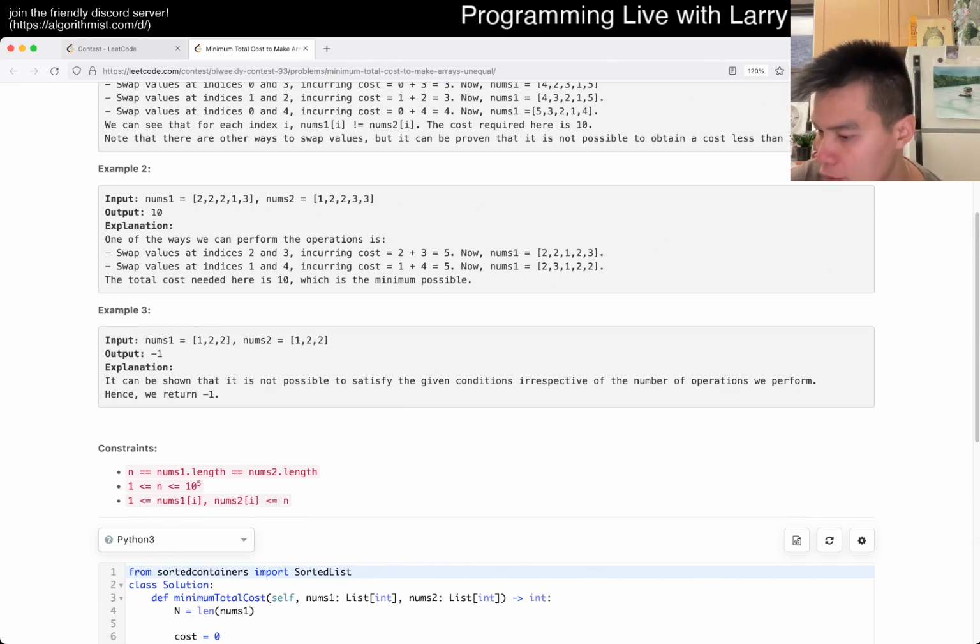The 2, we grab the 3 because it's the same. We swap those 2, and then now the next 2, what happens? The 2, well, we can grab the other 2.